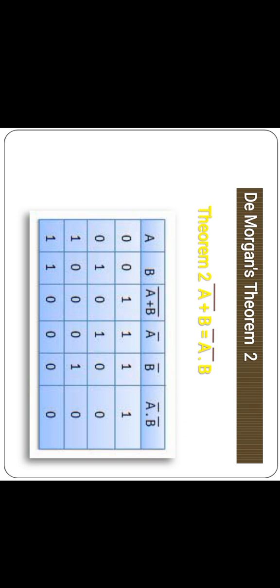So a bar into b bar equal to 0. For 1, 0, a bar is 0 and the b bar is 1. A bar into b bar equal to 0. For 1, 1, a bar is 0, b bar is 0. So the a bar into b bar equal to 0. So the truth table column of a plus b the whole bar equal to a bar into b bar.